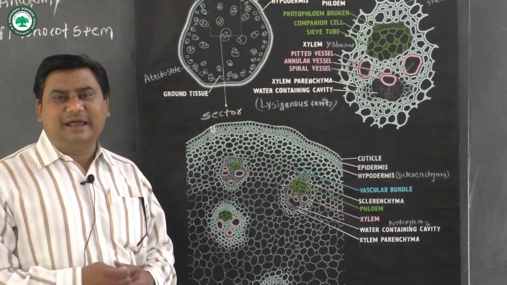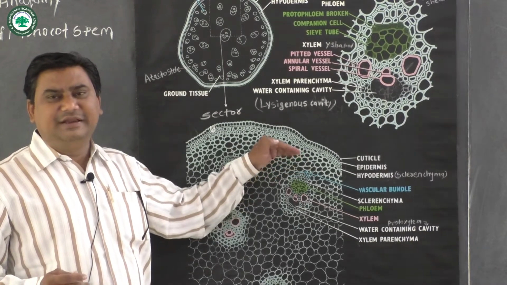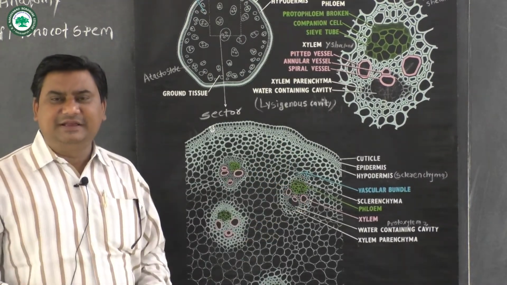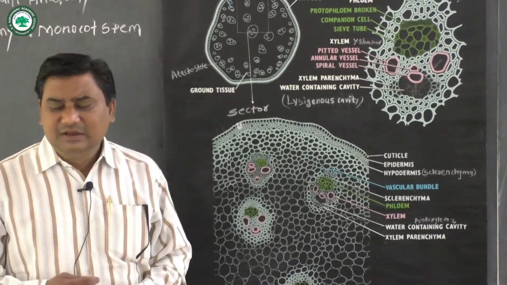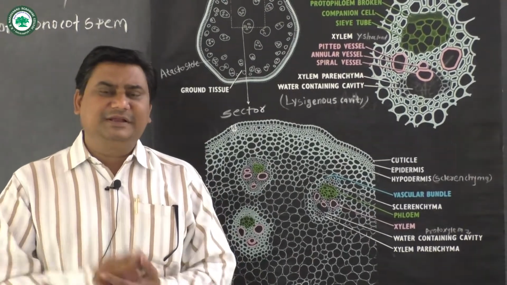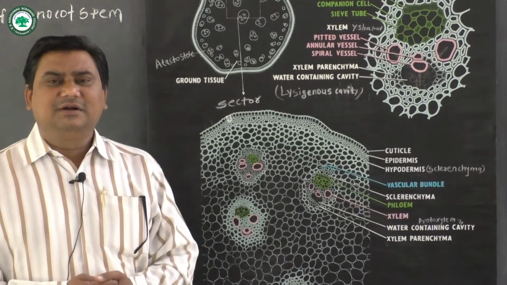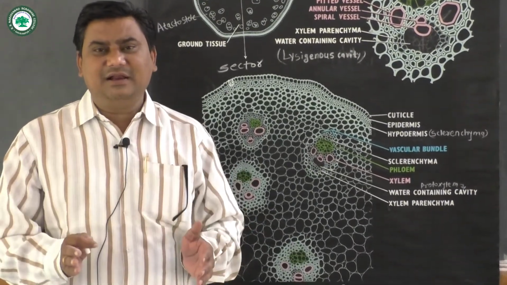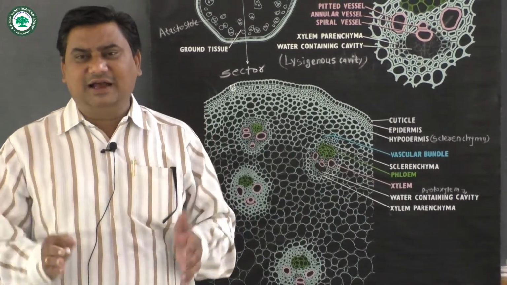But in the dicot stem, there is the general cortex, then endodermis, then pericycle, and medullary rays are present. Then vascular bundle. In the monocot stem, the vascular bundle is conjoined, collateral, closed, or endarch.